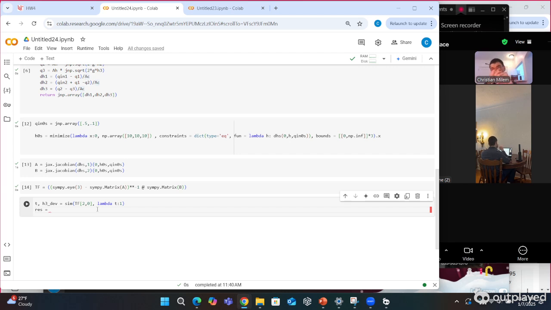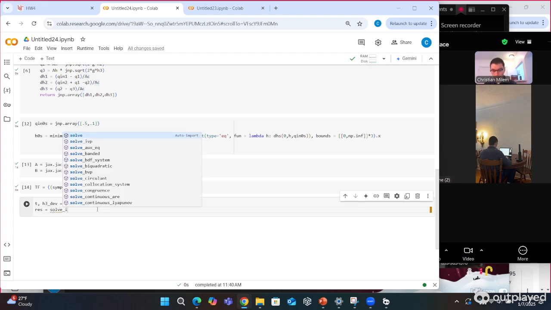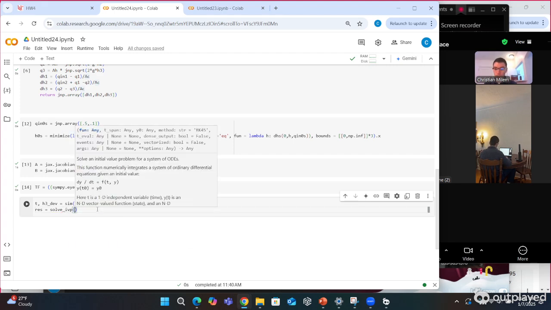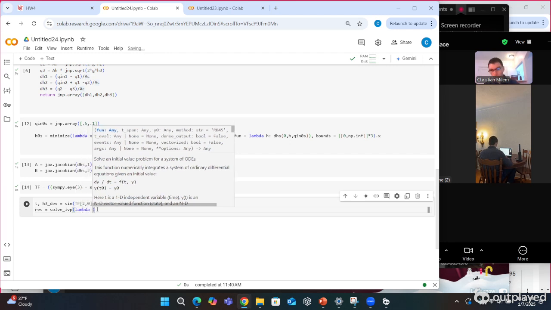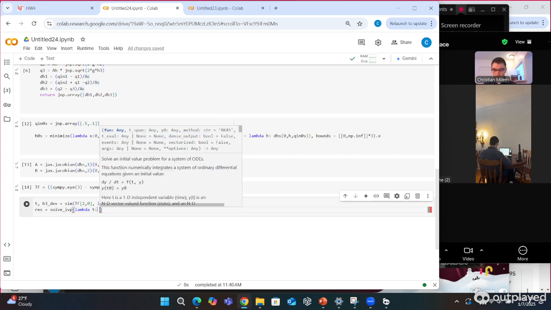Then for our nonlinear one, we'll do what we did on homework 1 with solve_ivp. That's going to be lambda t, and our lambda function is going to be the death of me.